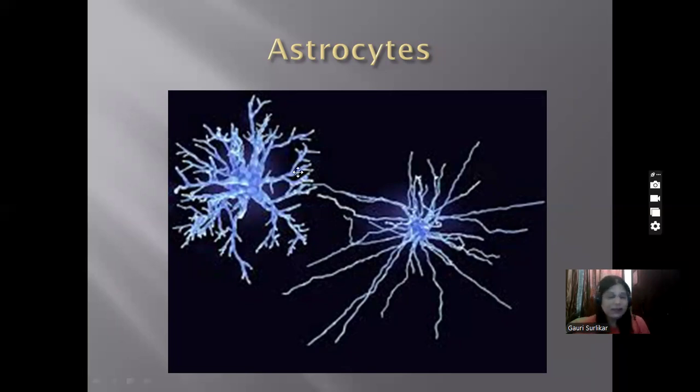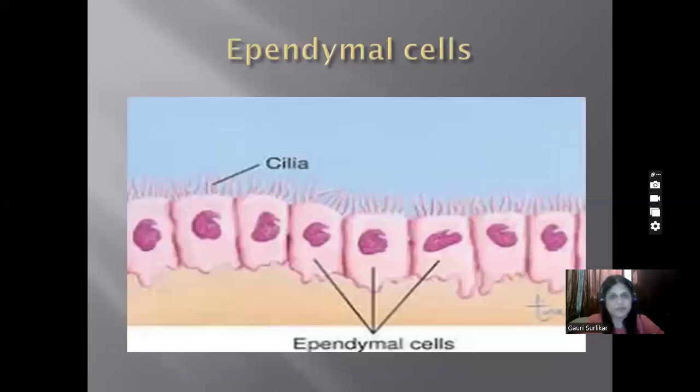So they play an important role in secretion and absorption of neurotransmitters, maintenance of the blood-brain barrier, and regulation of transmission of electrical impulses within the brain. So they are the most abundant glial cells of the CNS, and they are star shaped, and these are all their functions: transmission of electrical impulses, maintenance of the blood-brain barrier, secretion and absorption of neurotransmitters.